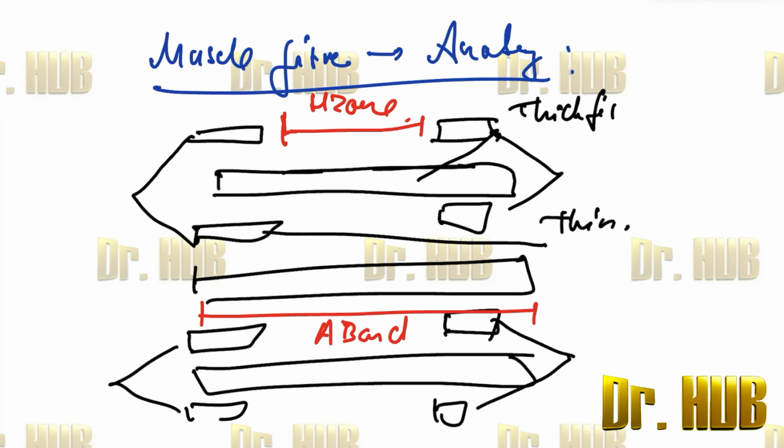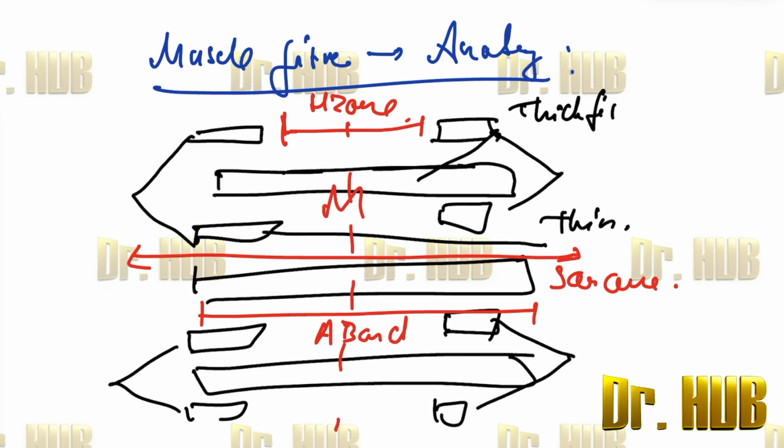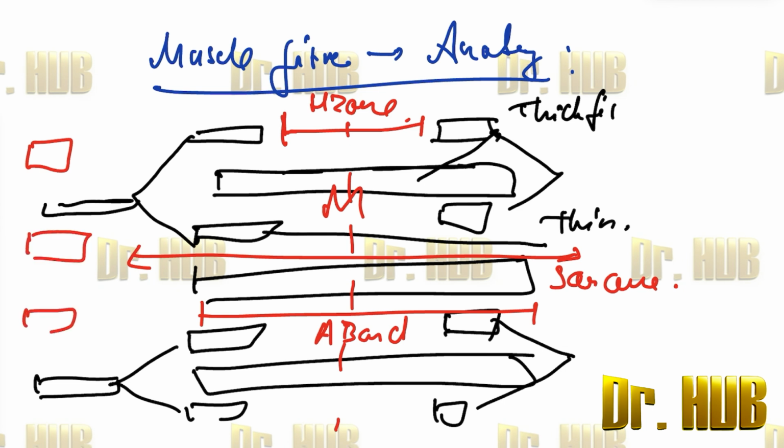Next, moving on further, the entire zone is a unit of sarcomere, and the center line is the M line, and beyond this up to the next structure, it is the I band.